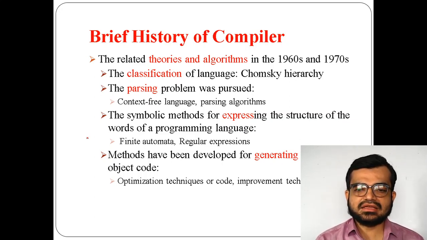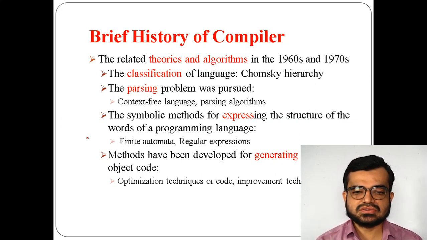For any programming language, in order to express it, they made each line of code into a set of symbols. Every language is a set of tokens, a set of symbols. They used those symbols to express the structure of that language. Using those symbols, they worked on regular expressions. This is how they started working on finite automata.